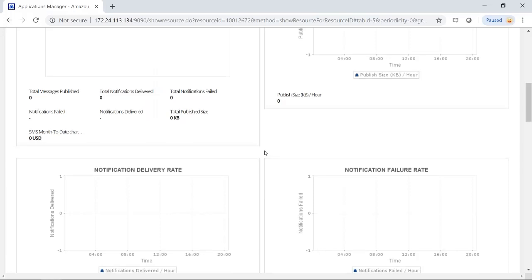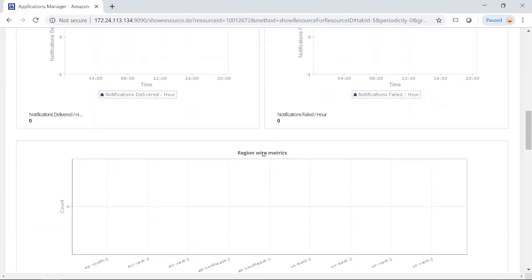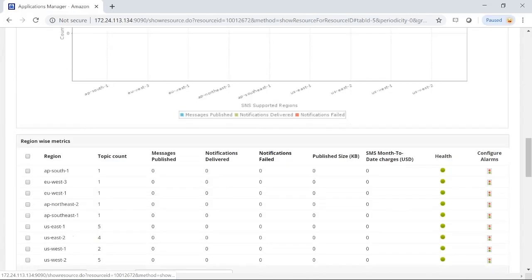At the same time, we also identify the region-wise metrics for each individual region to let a user identify the number of messages being published. It also helps a user keep track of the month-to-date charges per SMS, which is the message.